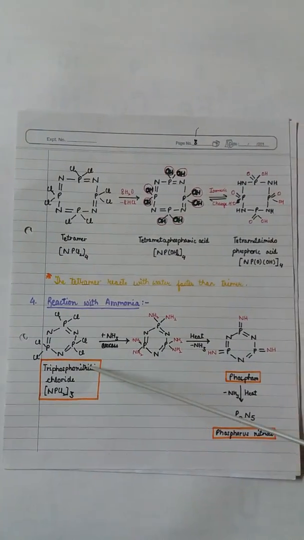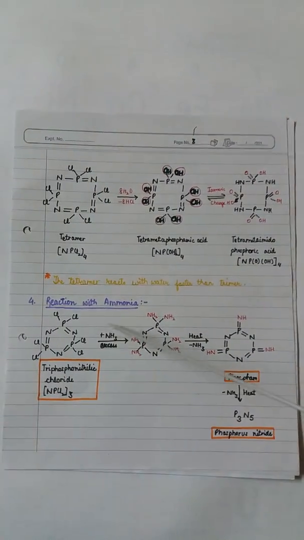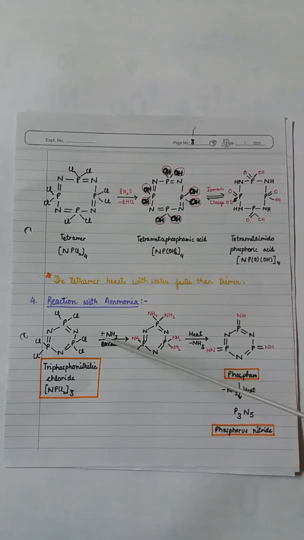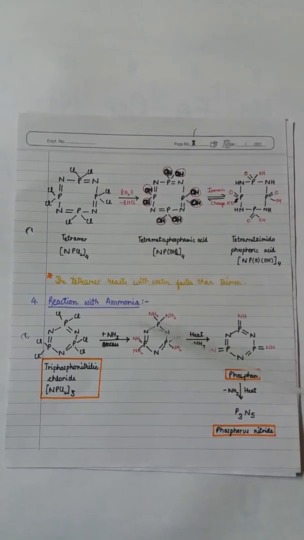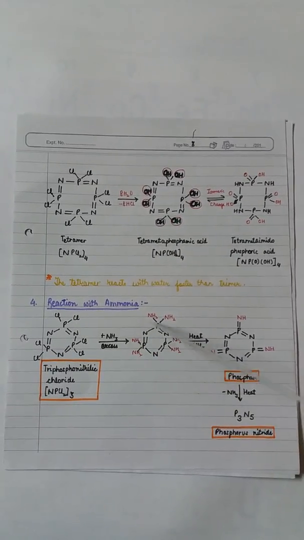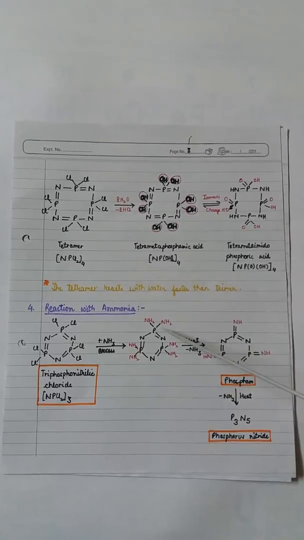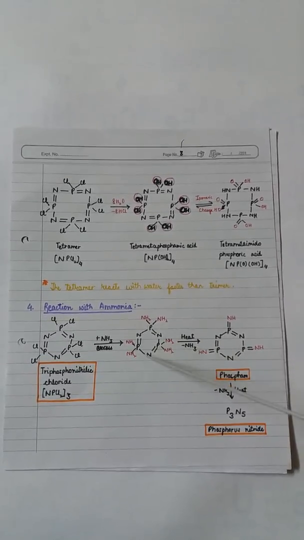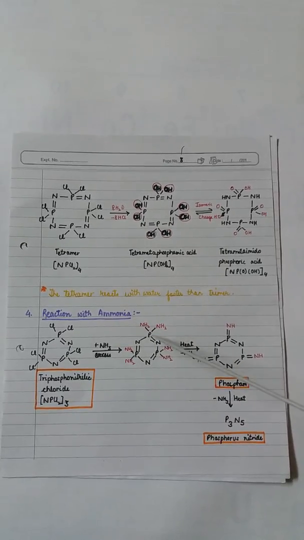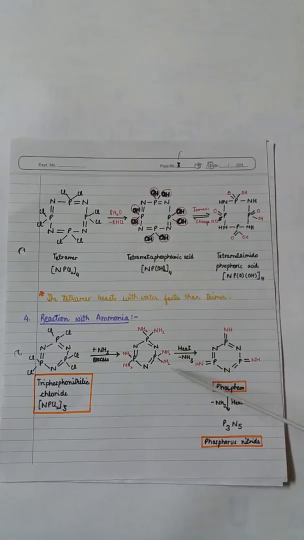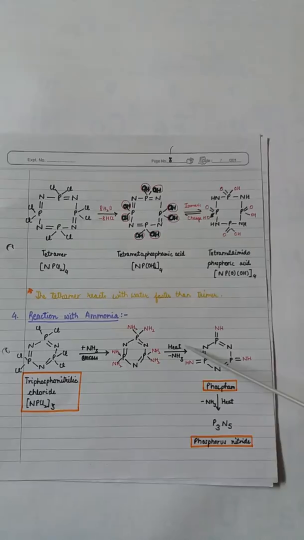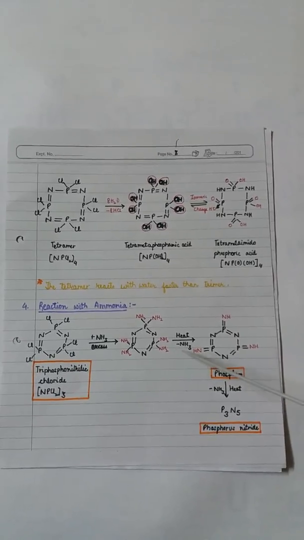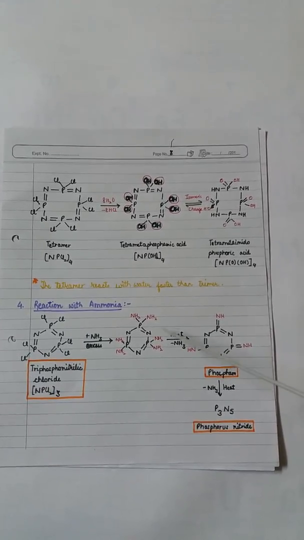So this is triphosphonitrile chloride. When we react it with excess ammonia, firstly all the chlorine is replaced by the amino group, which is NH2, on all these positions, on the 3 phosphorus atoms at the 6 positions. When we heat it again, it loses NH3.